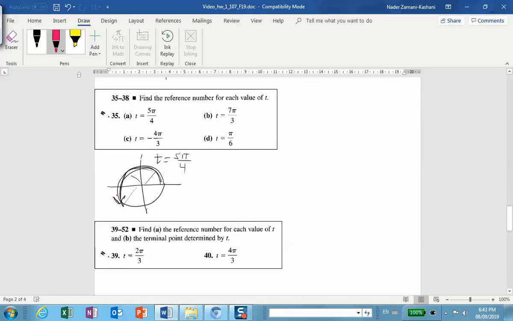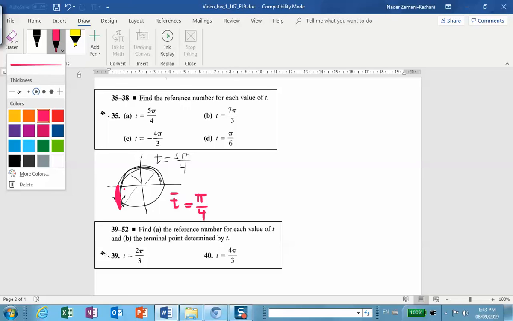This is the shortest distance to the x-axis, and if you look at it, t bar is equal to pi over 4.